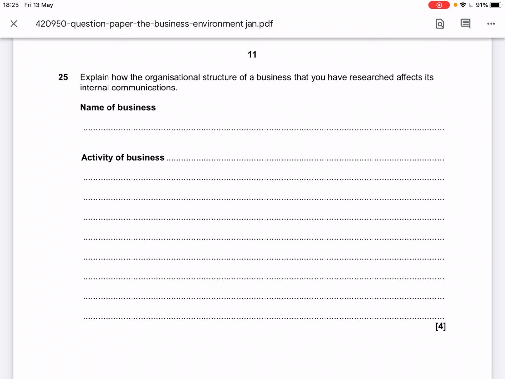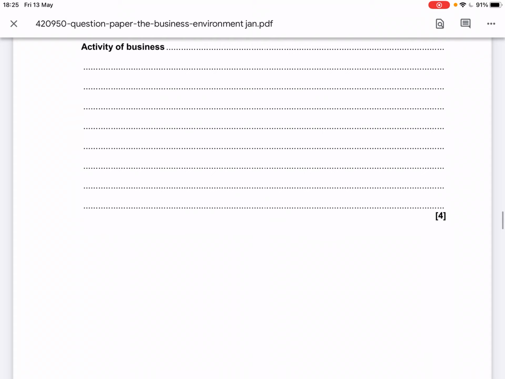Therefore, you're going to have to make sure you've got really good explanations, some examples in there, just so that you basically fill up the gap on these writing lines so that they can award you the 4 points.